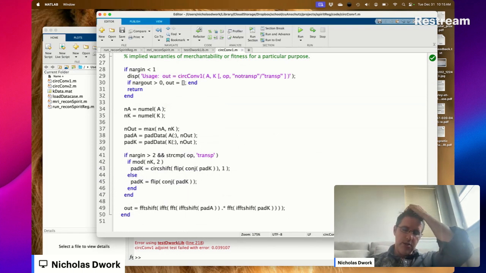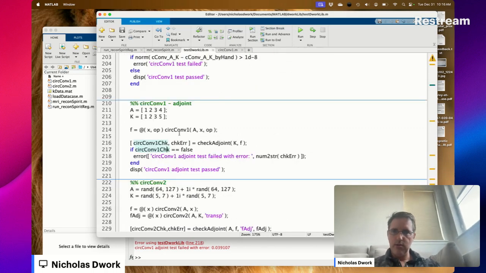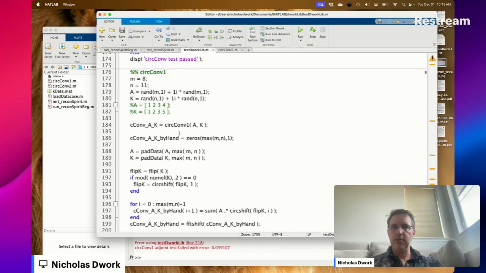Circular convolution is just a circular matrix. And so we would have to conjugate its values before doing the convolution. Okay. We seem to have circular convolution working. So that's at least good.